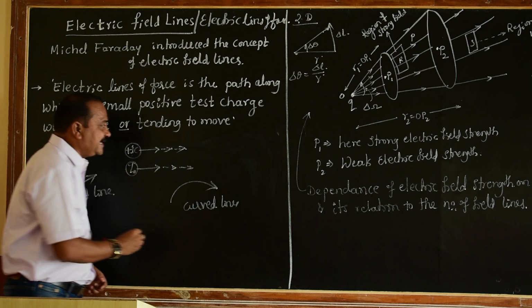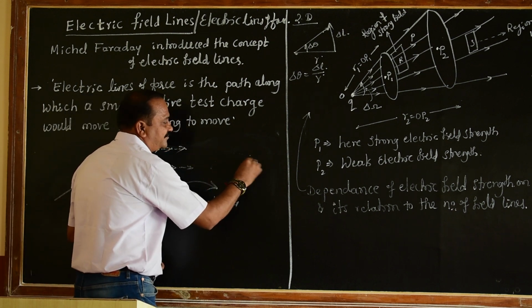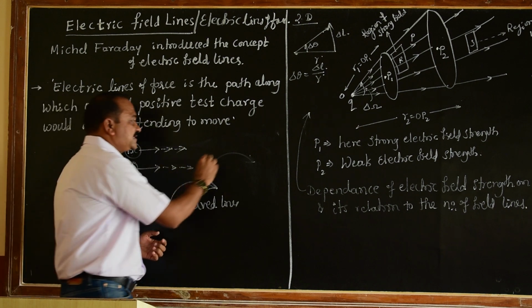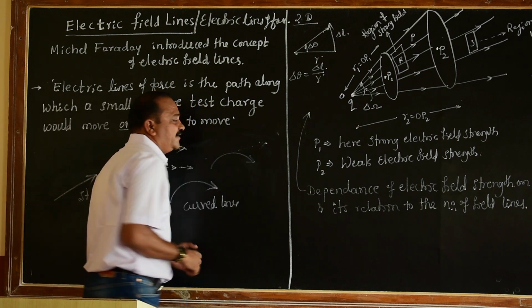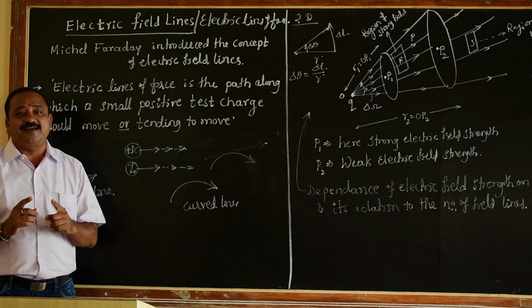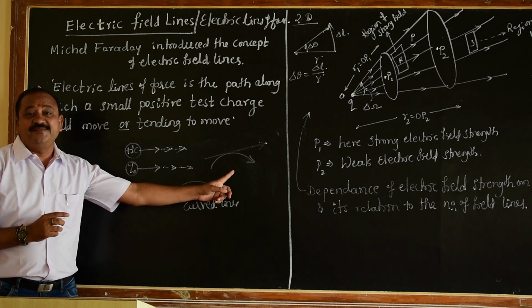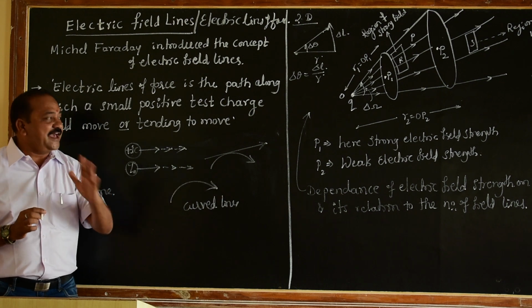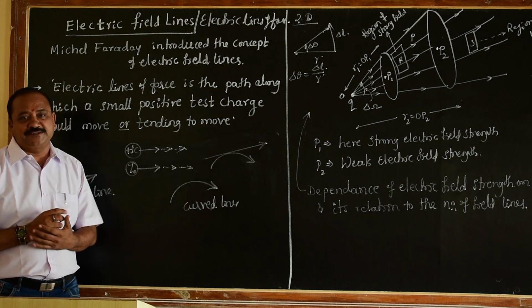If the electric field lines are curved, then in this case we must be able to draw the tangent. That tangent gives the direction of the electric field lines.